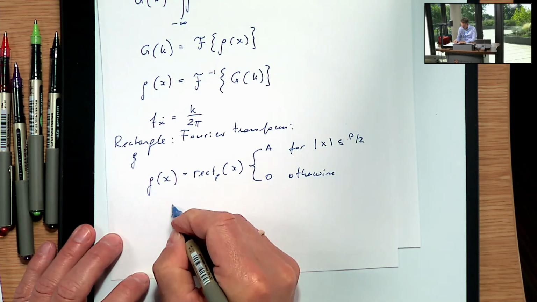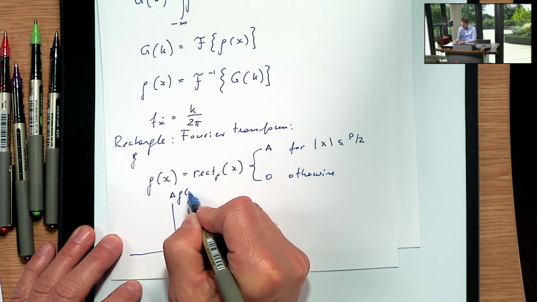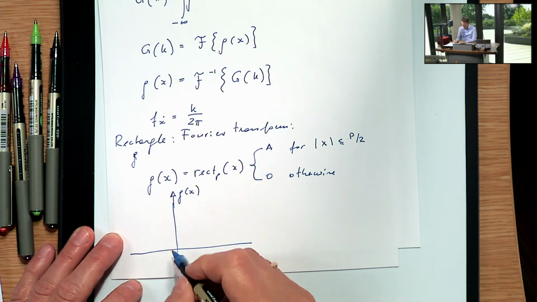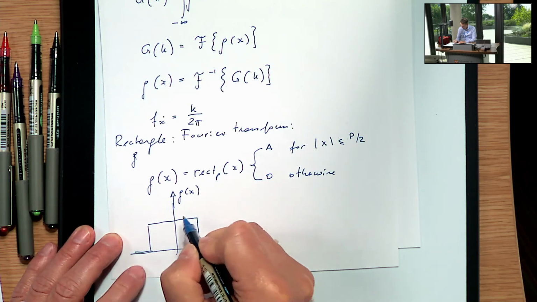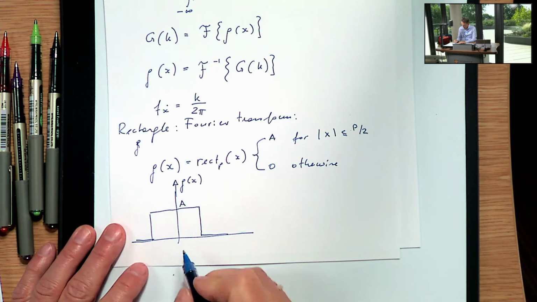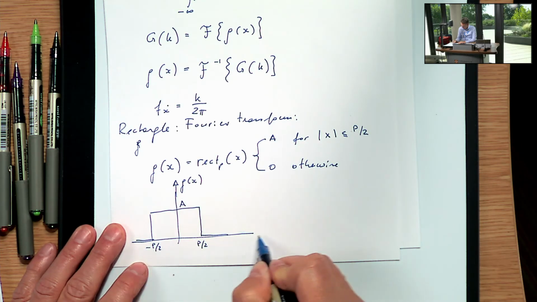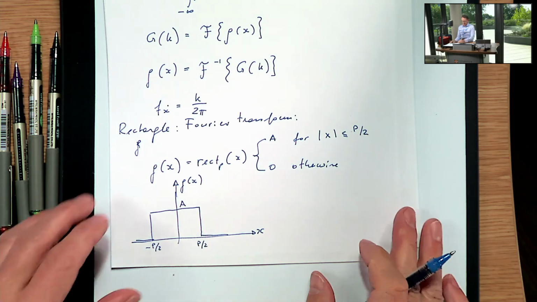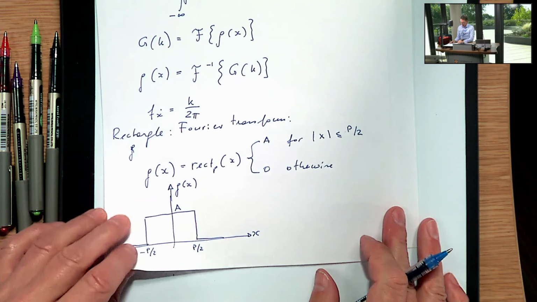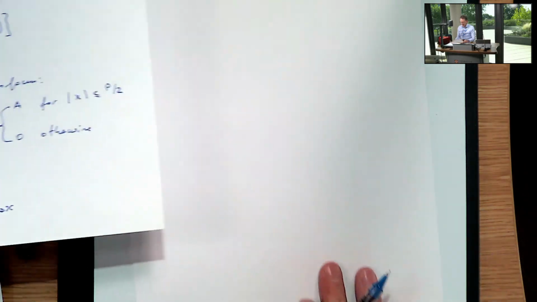If I have g of x and it goes to a over its dimensions, and it's 0 outside, then what is the Fourier transform of that?